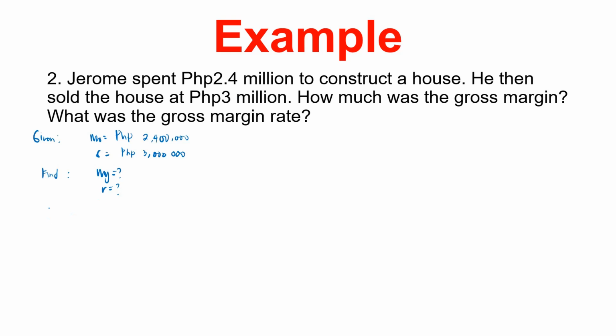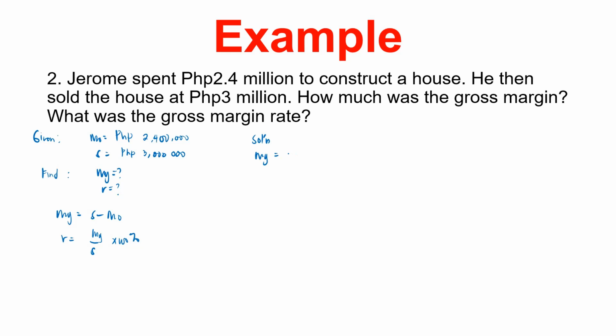For our formula, gross margin is equal to selling price minus cost price. The rate would be gross margin over selling price times 100%. First, let's get the gross margin.